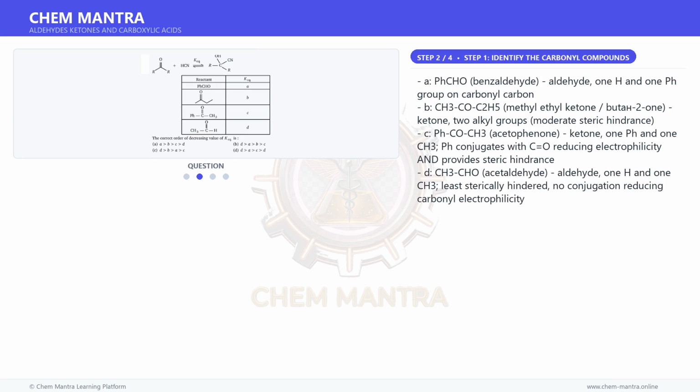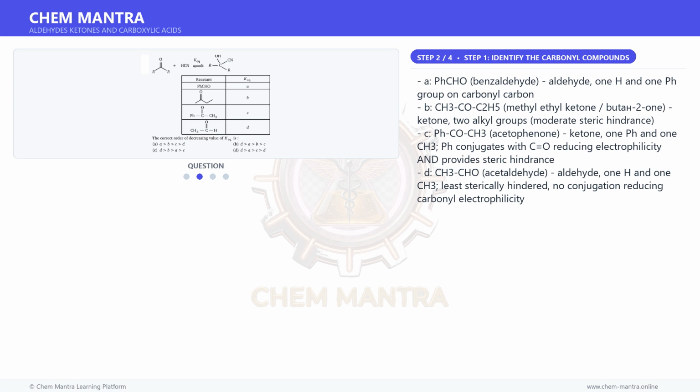Moving on to the next step. A. PhCHO, benzaldehyde, an aldehyde, 1 H and 1 Ph group on the carbonyl carbon. B. CH3COC2H5, methyl ethyl ketone, butanone, a ketone, two alkyl groups, moderate steric hindrance.